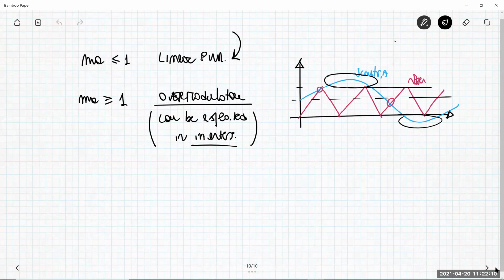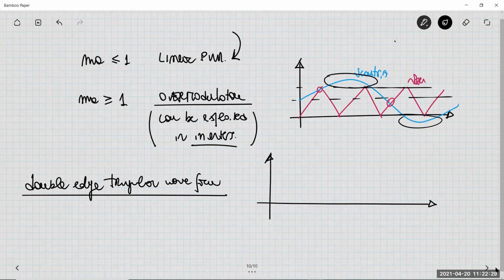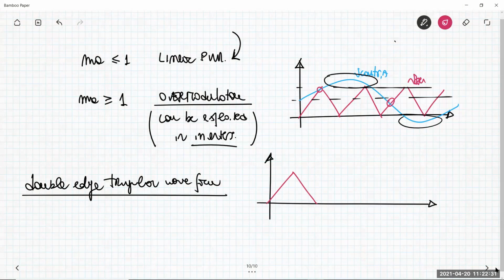So what is called the double edge triangular waveform. Why does this lead to a spectrum which can be less rich of harmonics?